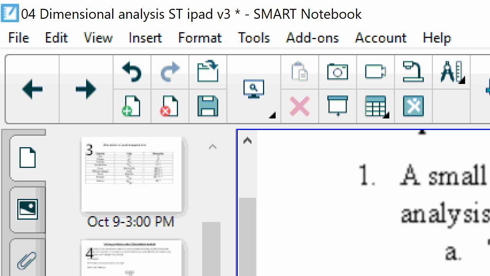Cost of fuel for 1 week. What's the cost of fuel for 1 week? So what are the final dimensions going to be? They're going to be a cost, pounds per week. So that's what we're expecting to come out as.